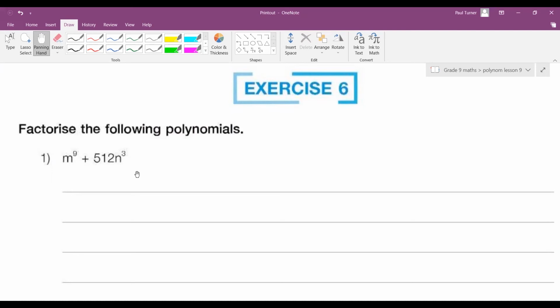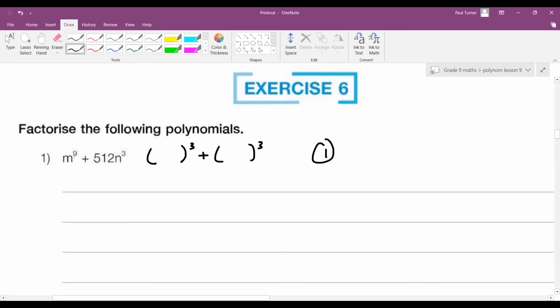So m9 would be 3 cubed, right? So change everything to cubes in each question, and we have a plus. So this is the first thing you do. This is step 1. So do that first.